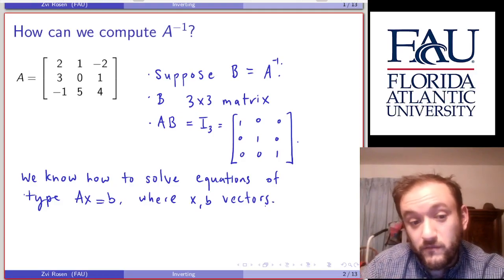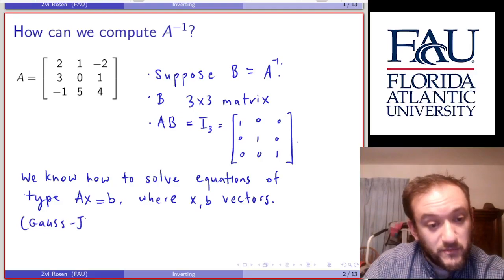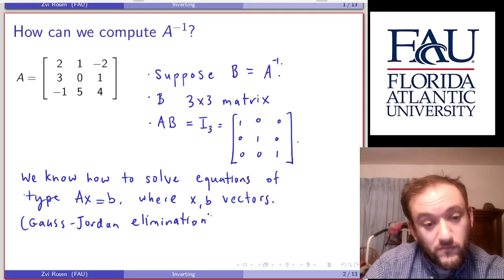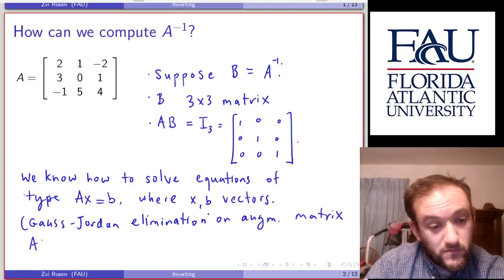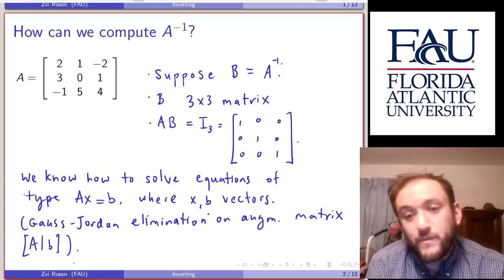Namely, we form the augmented matrix AB, and we do Gaussian elimination, or Gauss-Jordan elimination, on the augmented matrix. Okay, so how can we use that here?